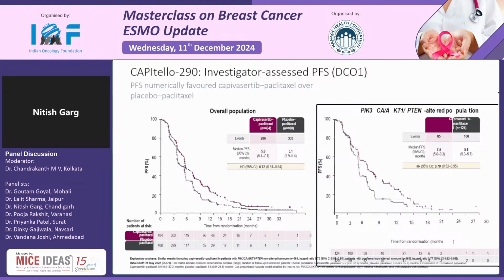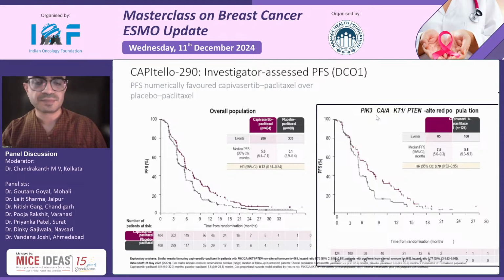We have seen that even in HER2 positive, hormone positive patients, when we get a PIK3 mutation, either the drug is difficult to tolerate, or if there is a progression, it is going to be very quick. So in TNBC, I don't feel it has a great utility. Right. So thank you for your input.